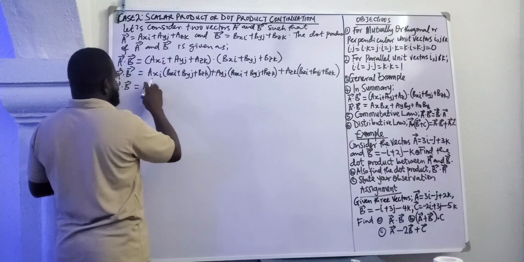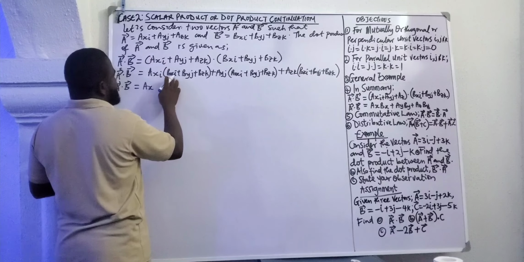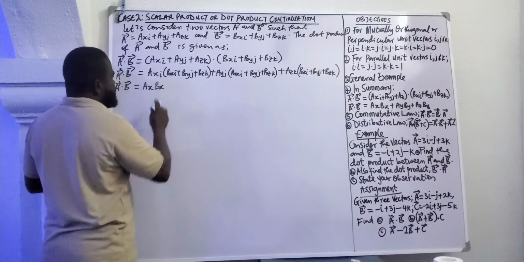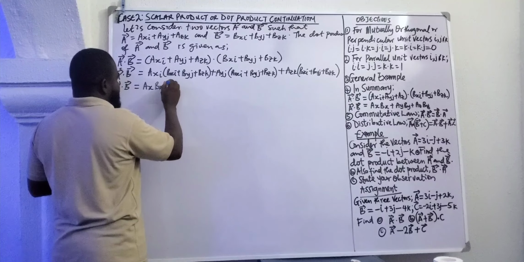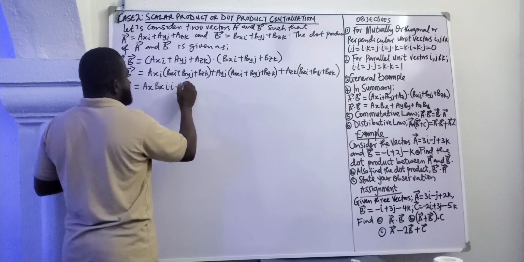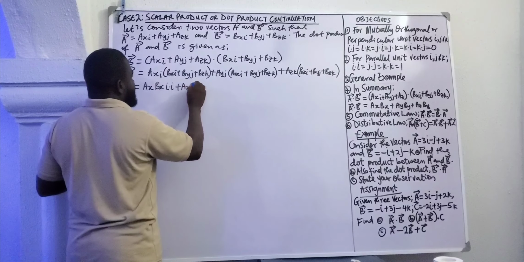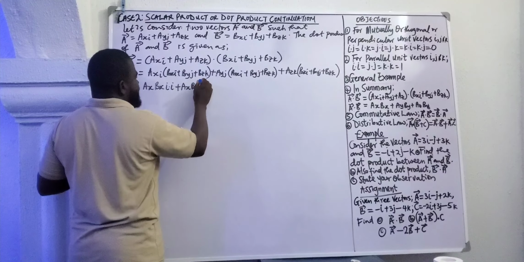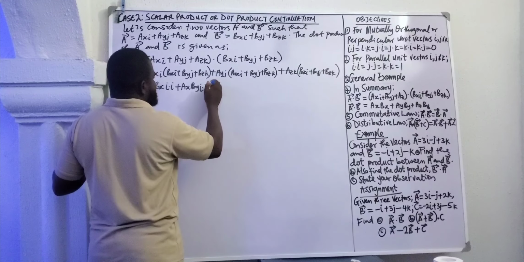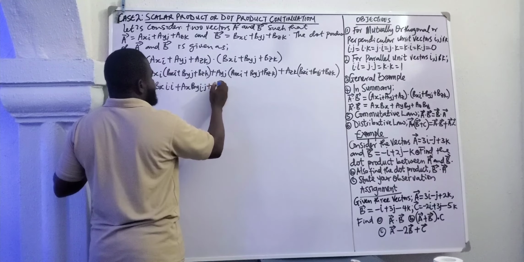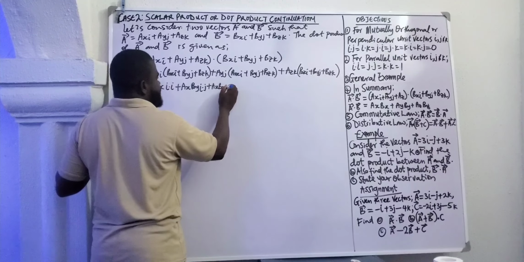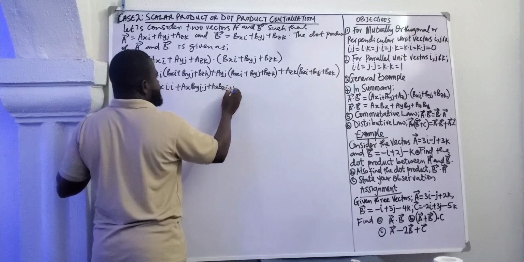Okay, this is vector multiplication. We have AX times BX, gives us AXBX, then I dot I. Then we have AXBY I dot J for the unit vectors. Then we have AXBZ I dot K for the unit vector.